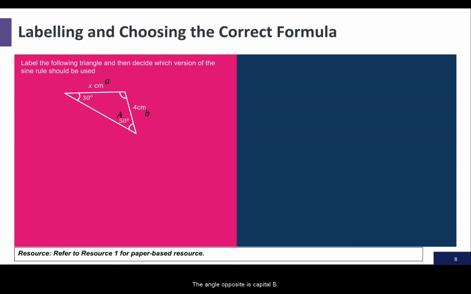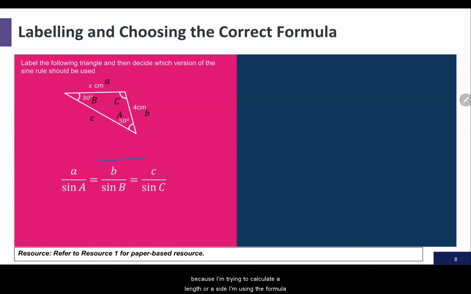The angle opposite is capital B. The final side is lowercase c, and the angle opposite is capital C. And because I'm trying to calculate a length or a side, I'm using the formula where the lengths are the numerators. Here is your question.